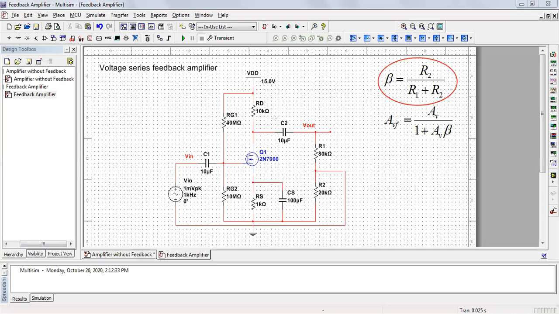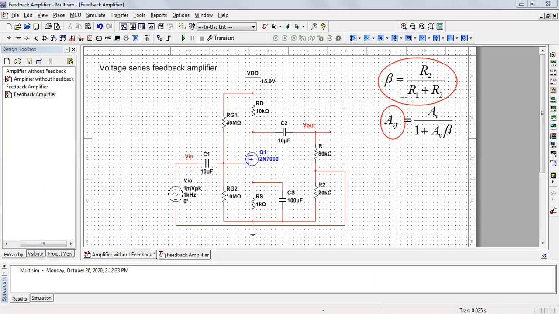And now what is our gain? With this negative feedback, our gain is denoted as AVF, the feedback voltage gain, and that will be AV, the open loop voltage gain which we calculated in the previous circuit, divided by 1 plus AV into beta.